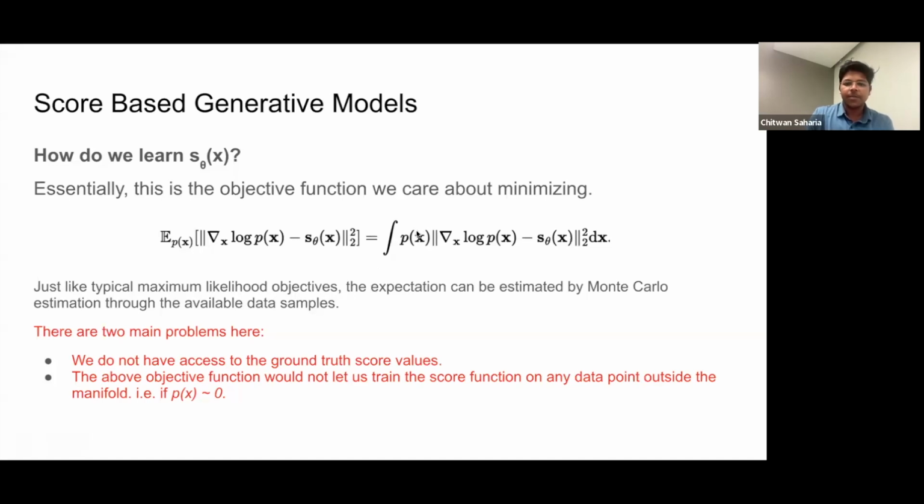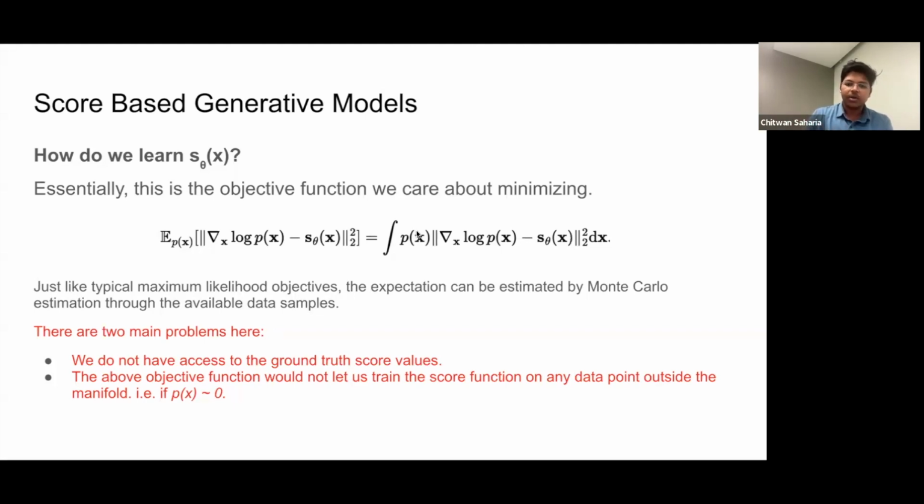This means that we are only learning the score for data points which already have very high likelihood under the data distribution. Anything beyond that, we never learn the score function for, and the score function will more or less be random at those points.